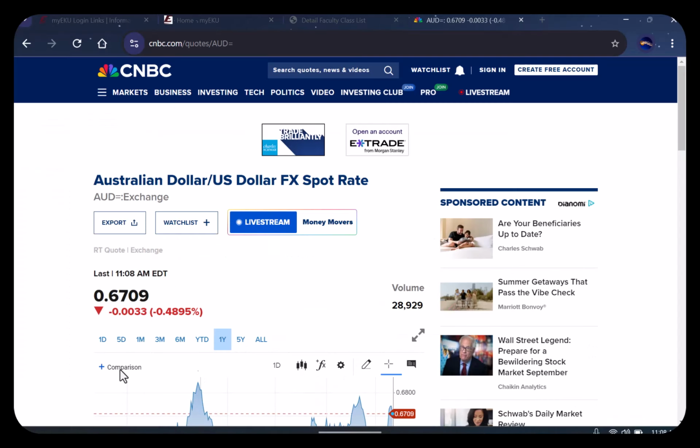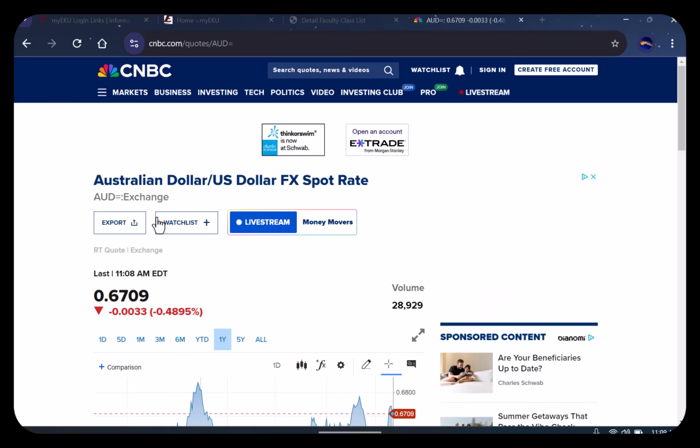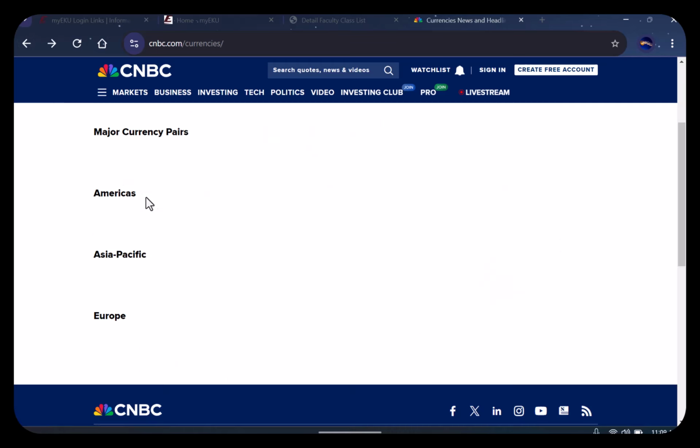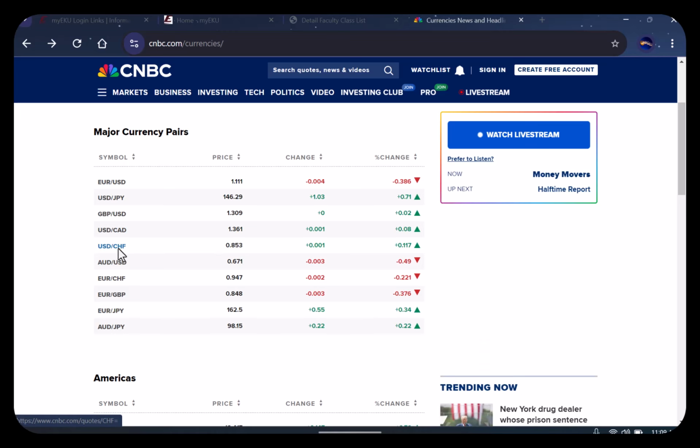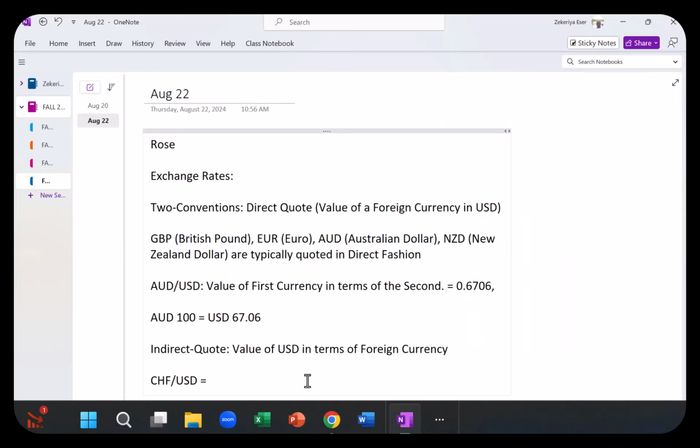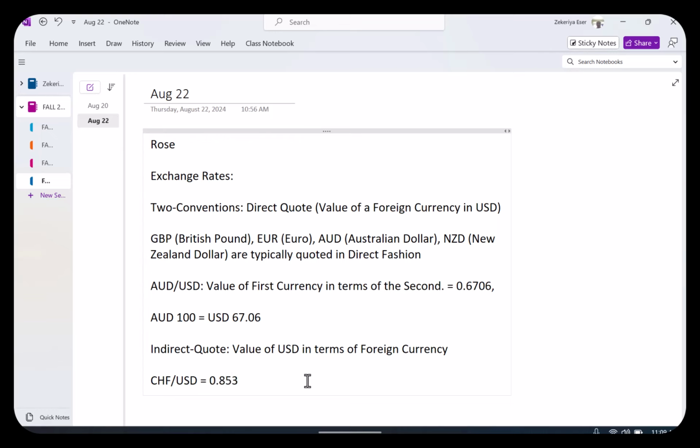What is that these days? 0.853. That means 100 US dollars is equal to 85 Swiss francs and 30 centimes. That's their lower unit.